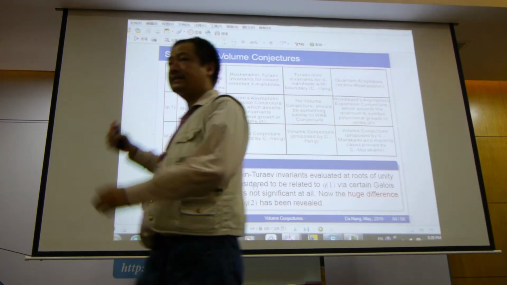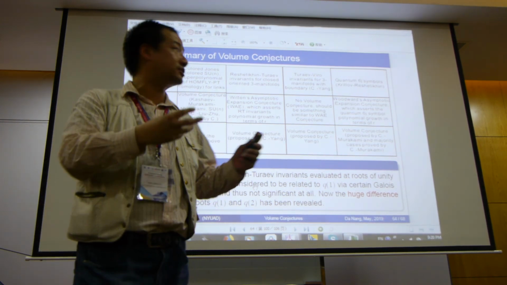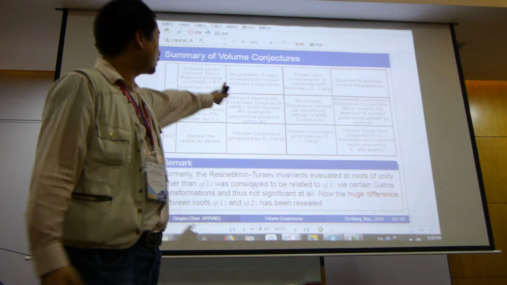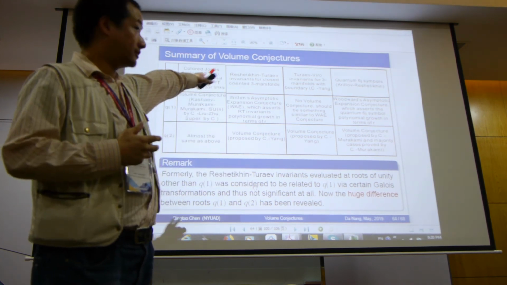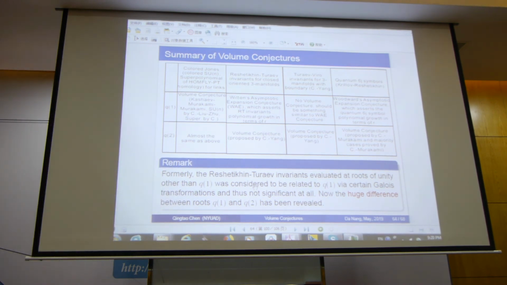This displays a huge difference. For the original volume conjecture, Q1 and Q2 are both exponentially large. But for the three-dimensional flavor, the original root of unity is only polynomial growth. There is a deep reason behind that. I think the physics reason is non-unitarity. Only when you deal with the non-unitarity can you get the exponentially large growth, and you will also deal with the huge cancellation.